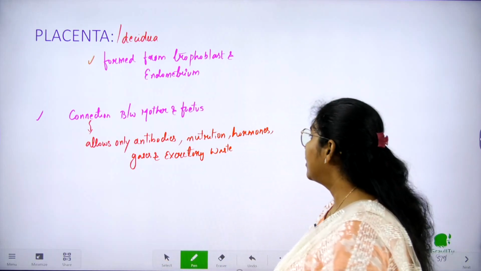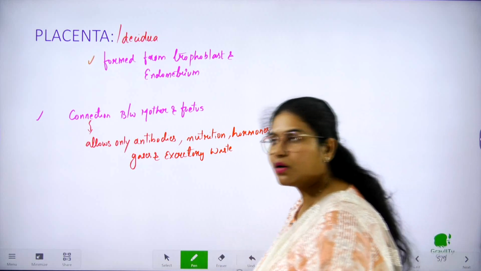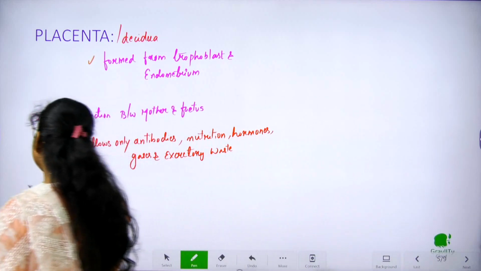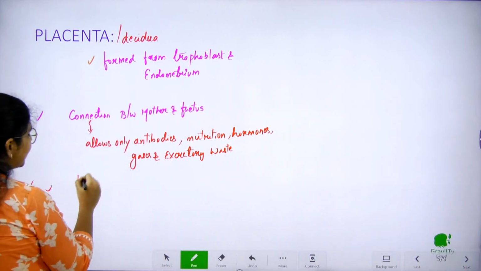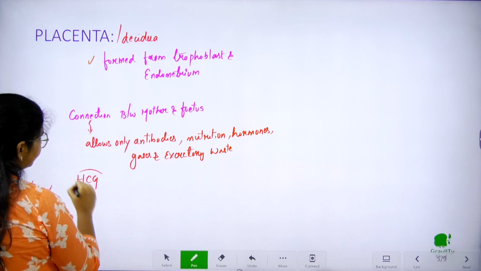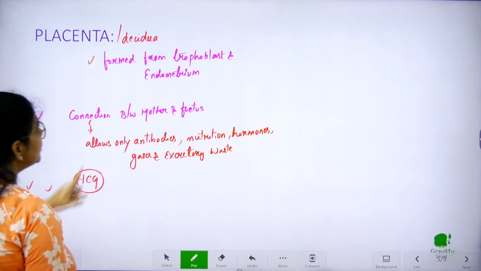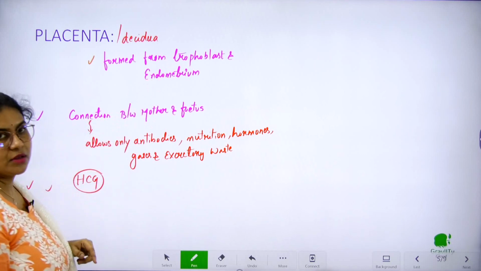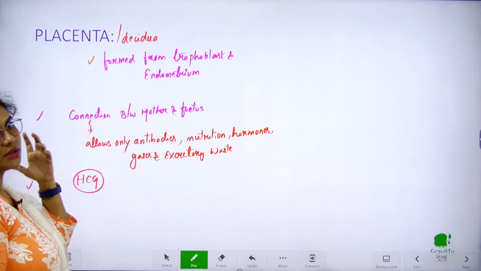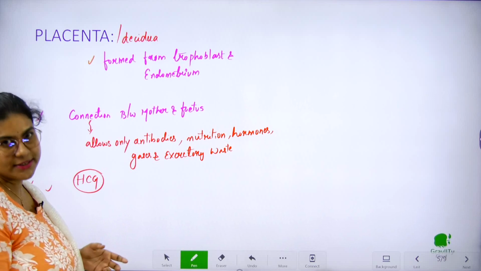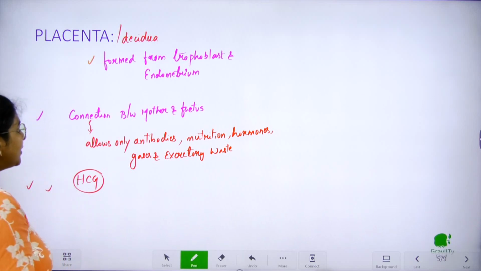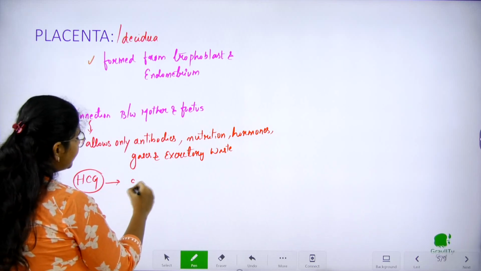Clear? And placenta is a source of so many hormones also. It can secrete thyrotropins. The major hormone is HCG. Guys, HCG hormone is secreted from the trophoblast cells. So that is a hormone from the embryonic cells, not from the mother's body. And this HCG is excreted through urine.